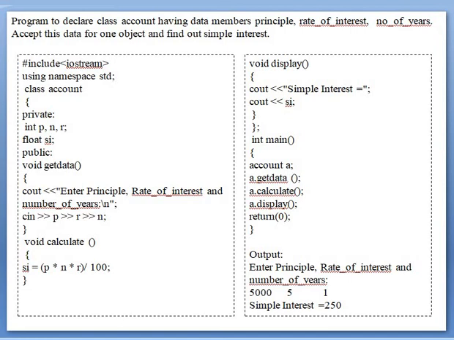To get the information from the user, we need another function, and for displaying the result, we require another. So in this program we require three member functions. By creating the object in the main function, we can call all these three member functions and get the result. So try to create your own problem statements and try to write different programs by using classes and objects.